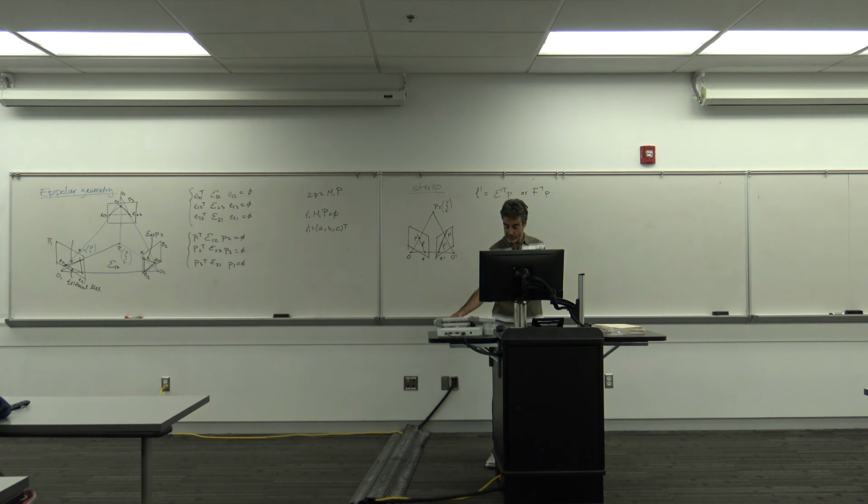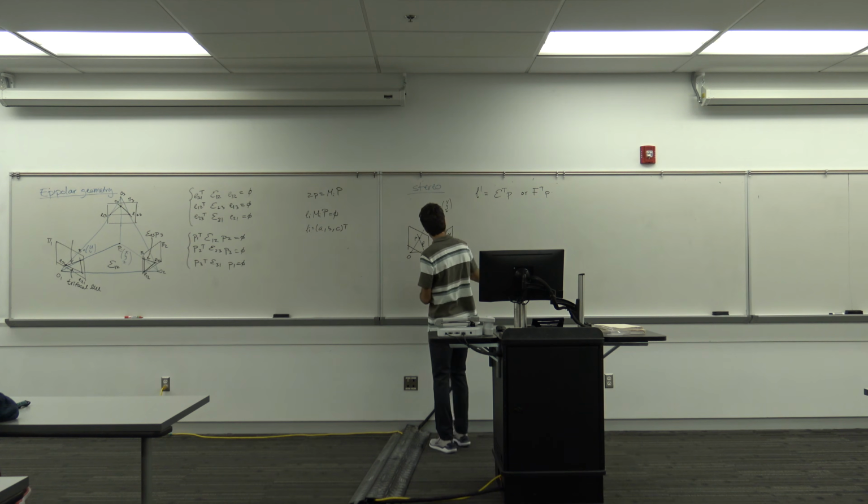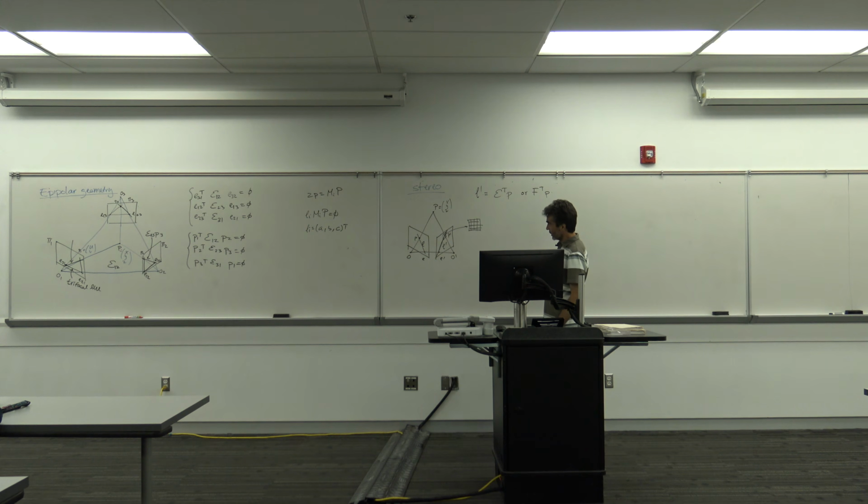I'm going to define a window around this point. So I have P, I compute L prime, and I define a window of pixels. And I'm going to slide that window over every possible position on L prime, for all the possible pixels in L prime.